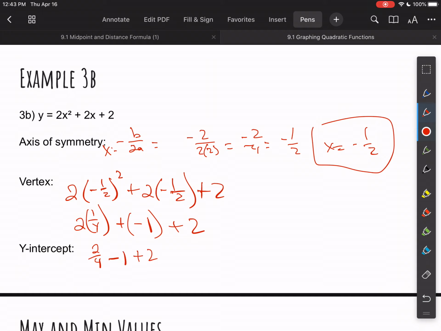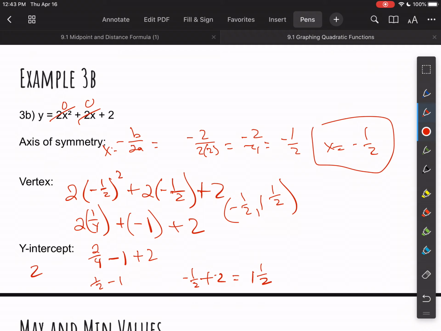So 2/4 is 1/2, right? So 1/2 minus 1 gives us negative 1/2, plus 2 equals 1 and 1/2. So my vertex is at negative 1/2, 1 1/2. The y-intercept is nice and easy. You plug a 0 in, these go away, it's 2. And there are your 3 answers for example 3b.